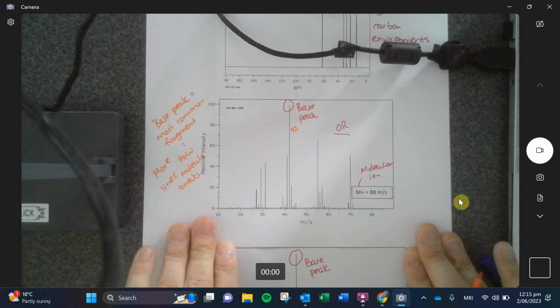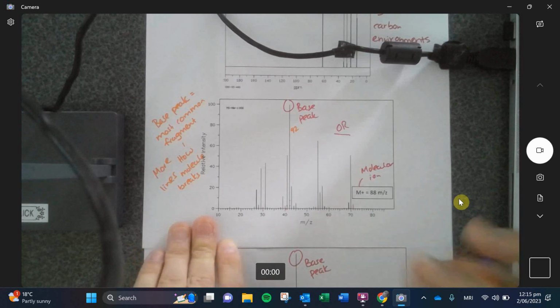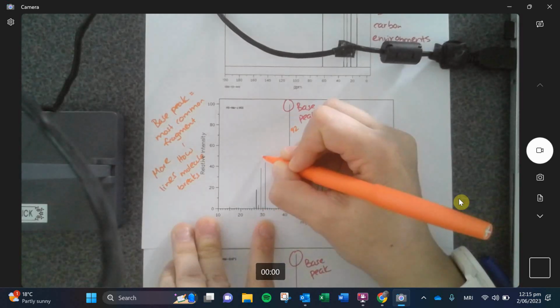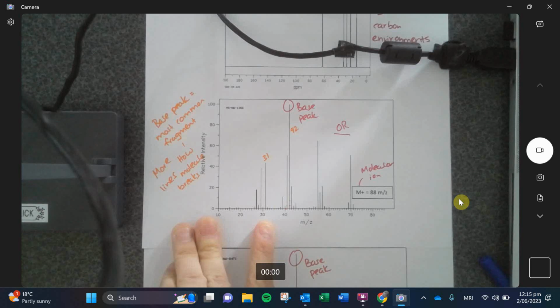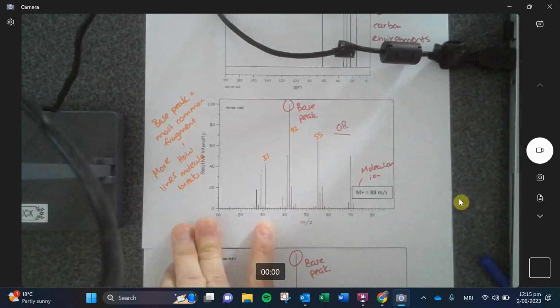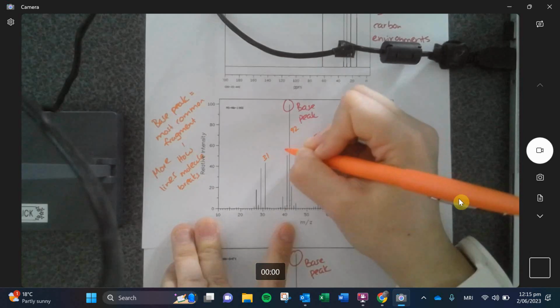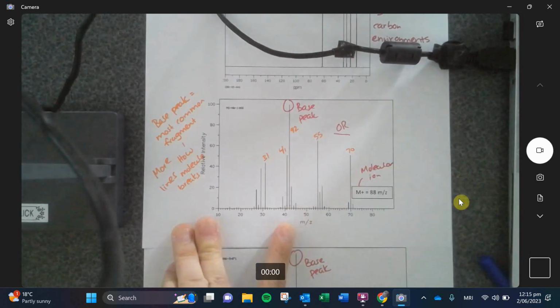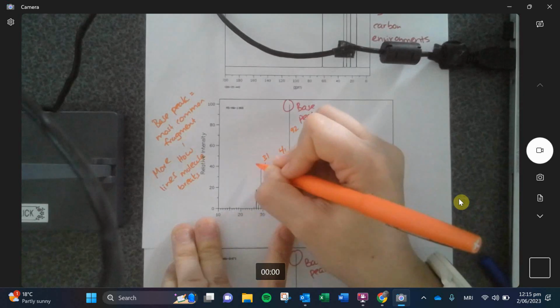On this one here, we have a lot more options. So I'm just going to label a couple of them. This one here I see is 31. There's a nice big one here at 55. There's another one at 70. You can see another one at 41. I can see another one at 29.